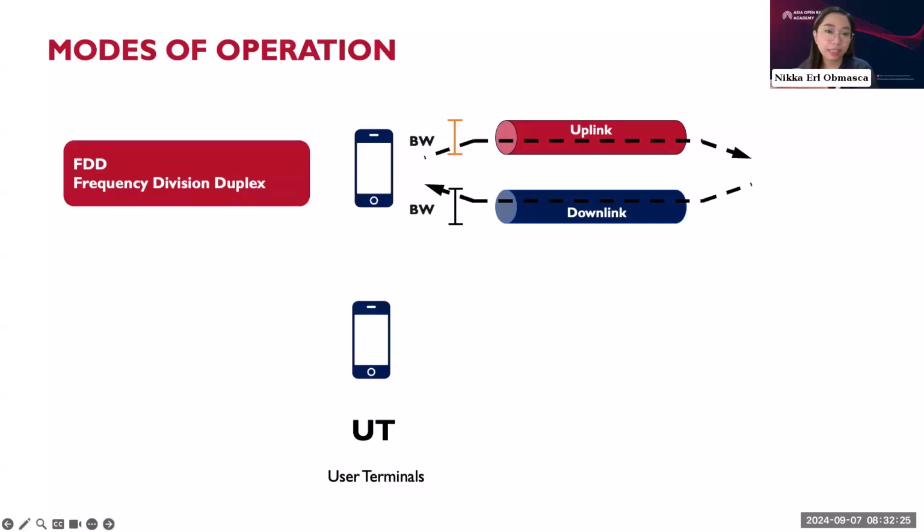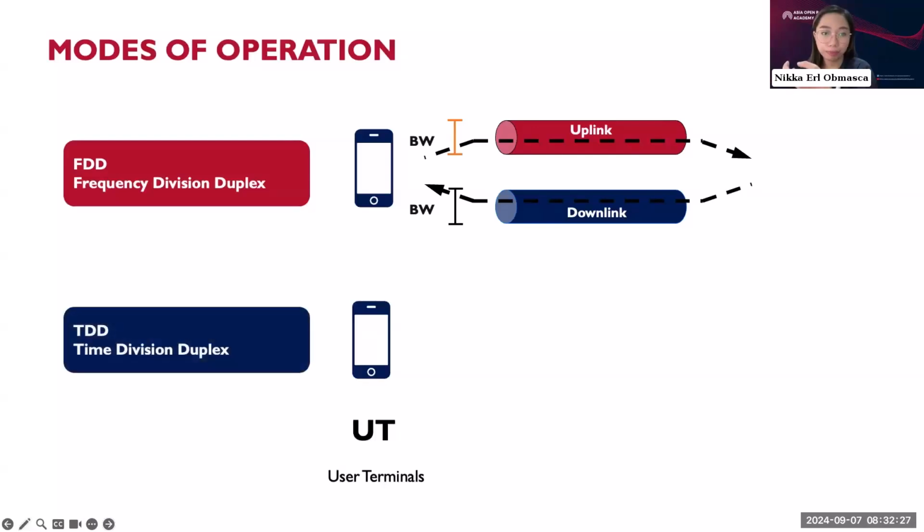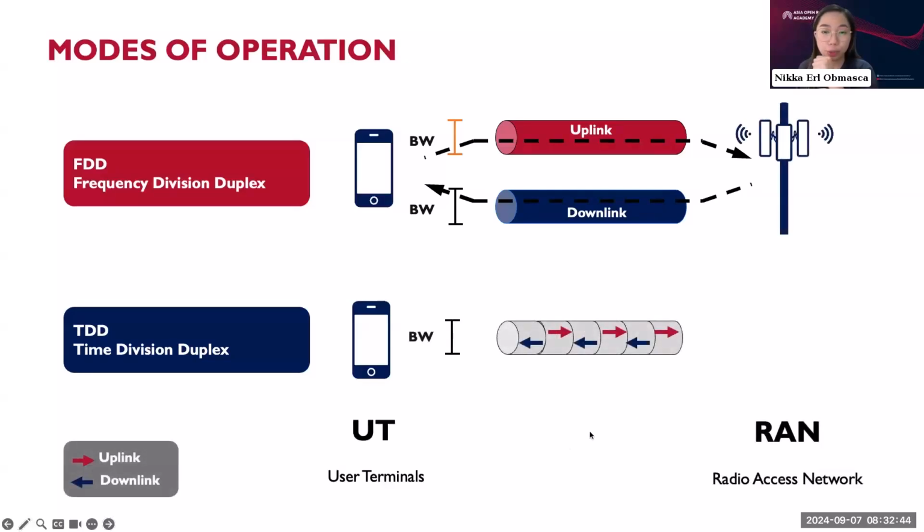So for instance, pag sinabi nating downlink, the base station transmits data to the user equipment over a specific frequency band. Let's say 900 megahertz. So kapag sinabi naman ng uplink, ito yung user equipment to the base station.